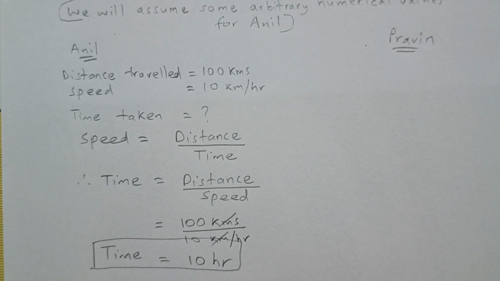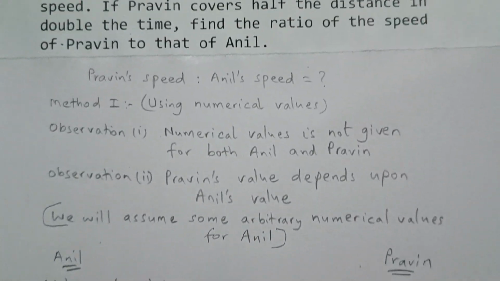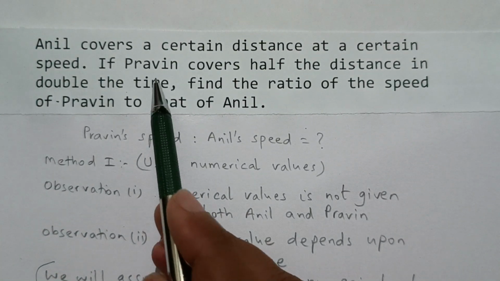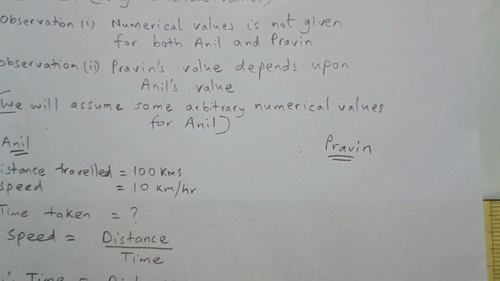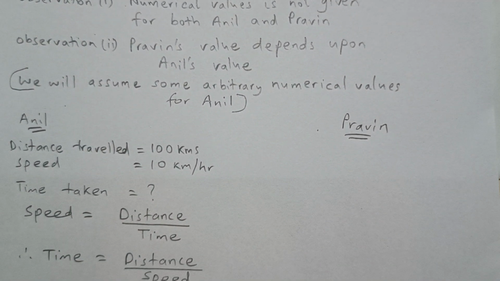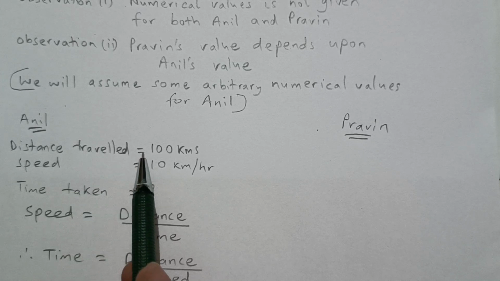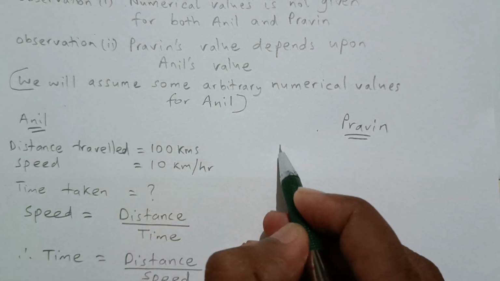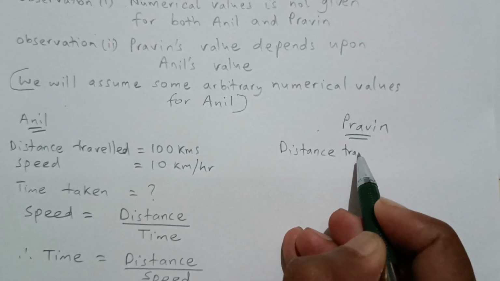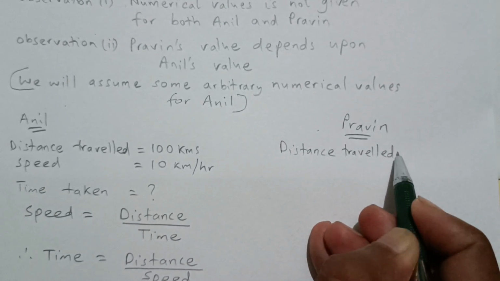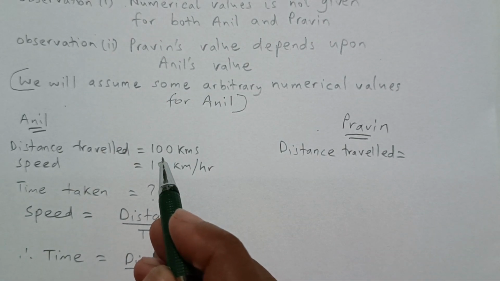Now let us go for Praveen. Here they are saying that Praveen covers half the distance of Anil. The distance traveled by Anil is 100 kilometers, so the distance traveled by Praveen will be half of that.